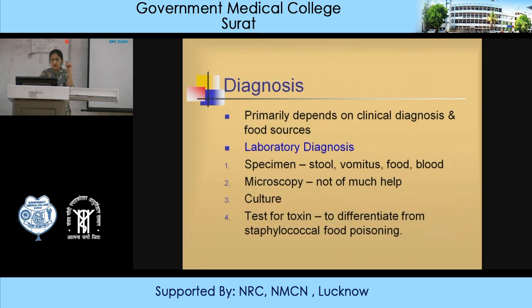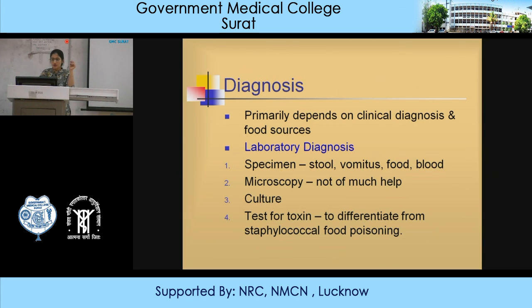In type 2, the toxin resembles the Staphylococcal enterotoxin. So how do we go for the diagnosis? According to signs and symptoms, we collect samples like stool, vomitus, the remaining part of the food, and blood. Microscopy is not so important. We can also go for culture and test for the toxin to differentiate between Staphylococcal food poisoning and type 2 Bacillus cereus food poisoning.